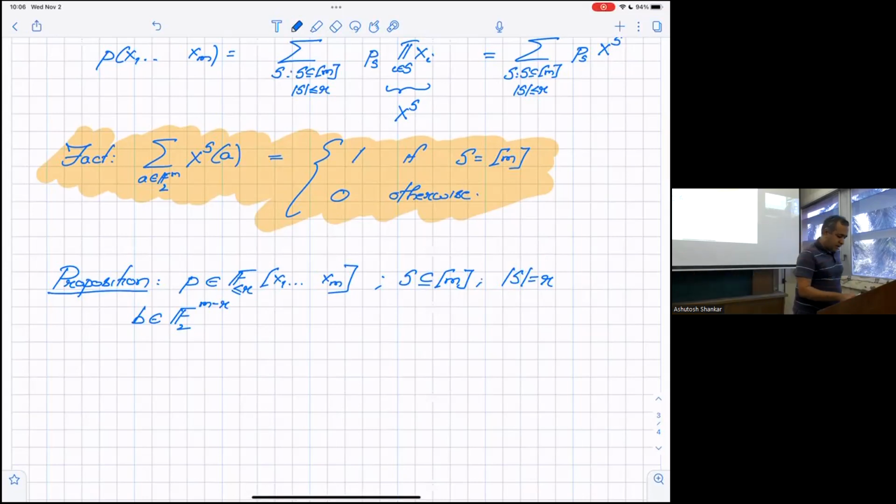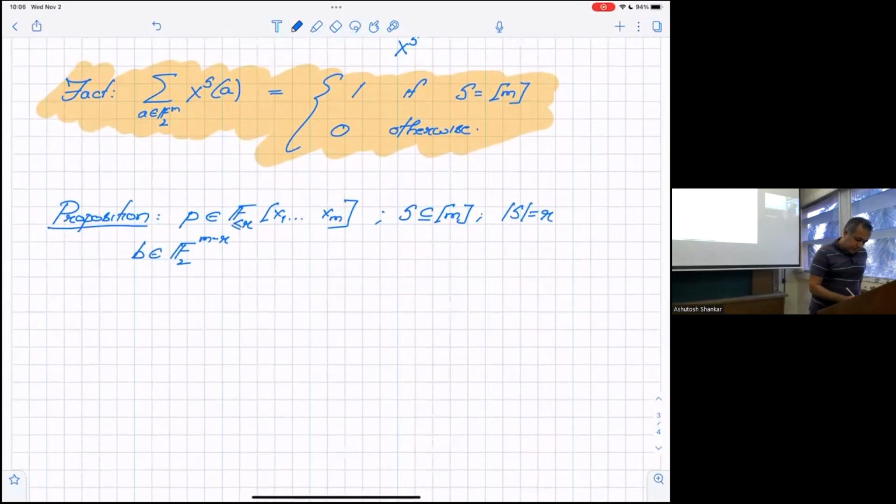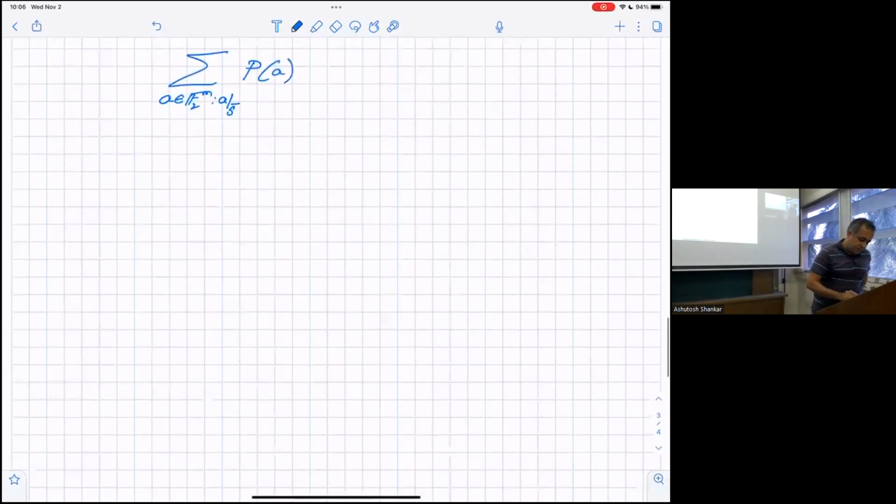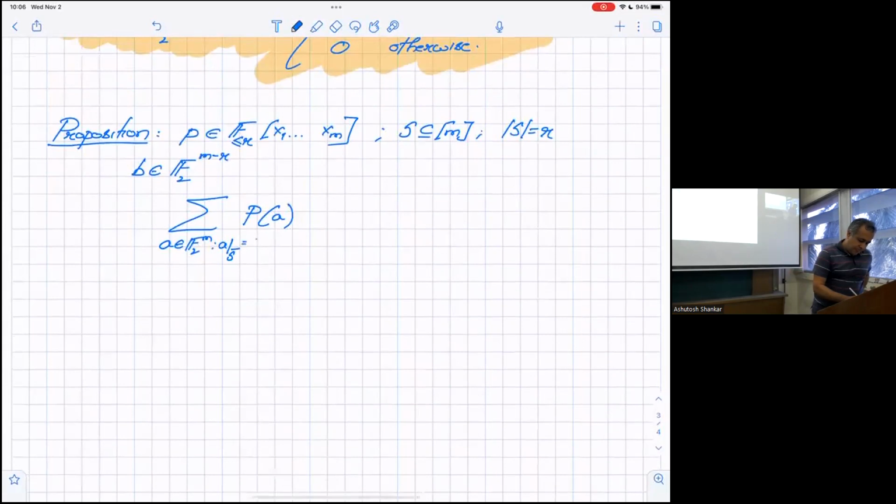So what do we want to do? Let's look at this quantity: the summation of P(A), where A ranges over all points in F2 to the n, subject to A restricted to S bar, the complement of S, which is an m minus R string, being equal to B. So in the complement of S, you fill in B, and in the S part, you go over all possibilities.